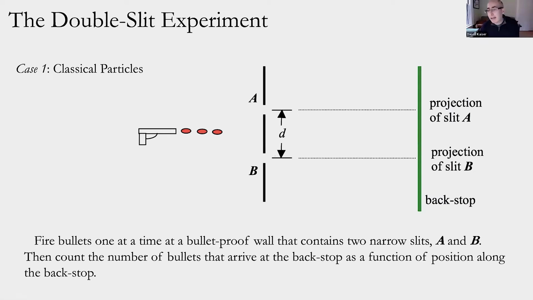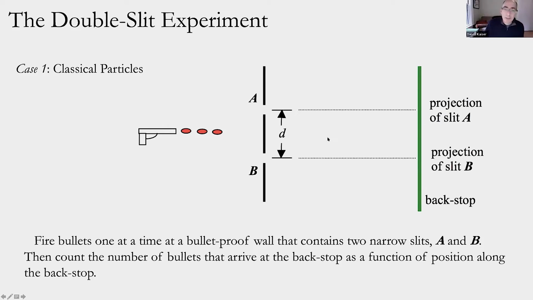Then we have some backstop here where the bullets will lodge, and when it's safe to, and the gun is put away, we can go out and count up the number of bullets that landed here versus here versus here. We're going to make a histogram and plot the number of bullets per location as we march up the backstop.